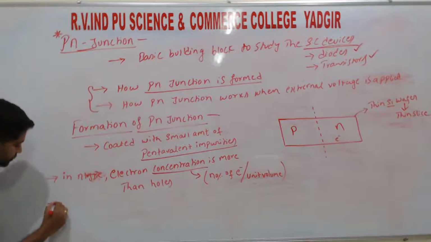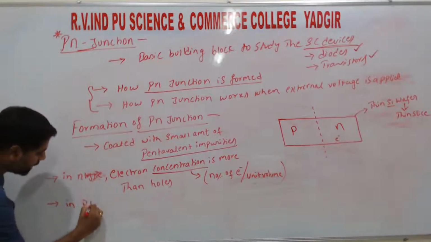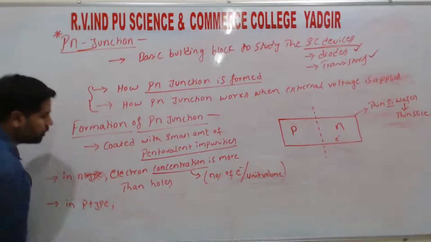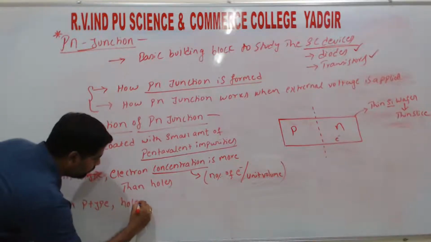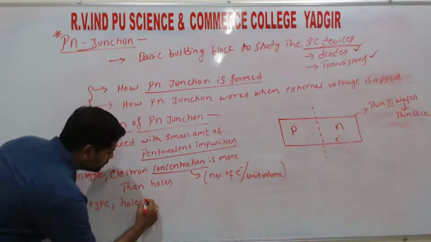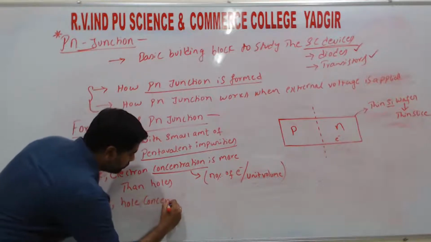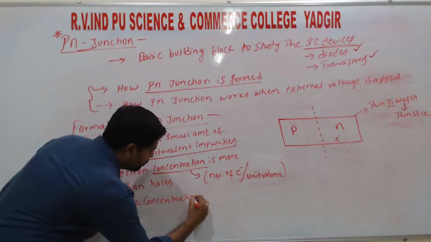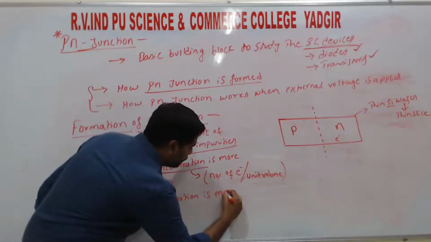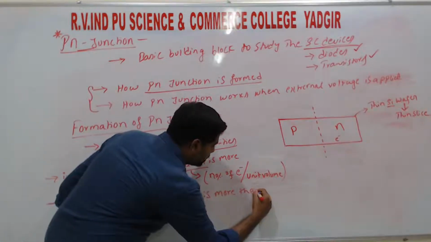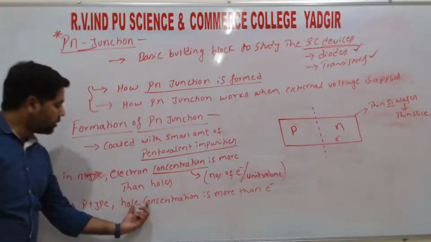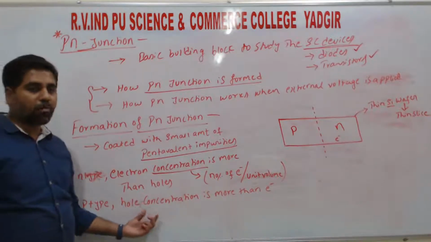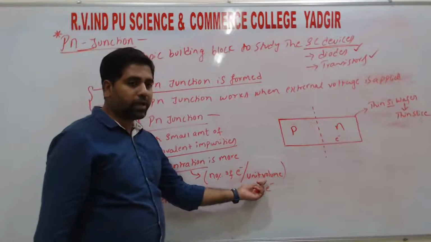So next, in p-type semiconductor, the hole concentration is more than electrons, right? So here hole concentration is nothing but the number of holes per unit volume, which is more.